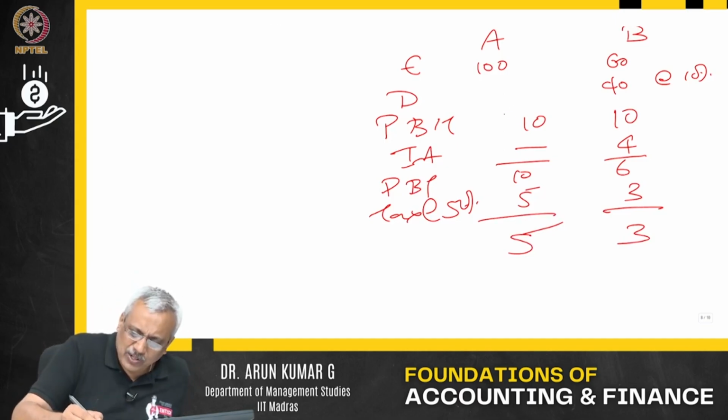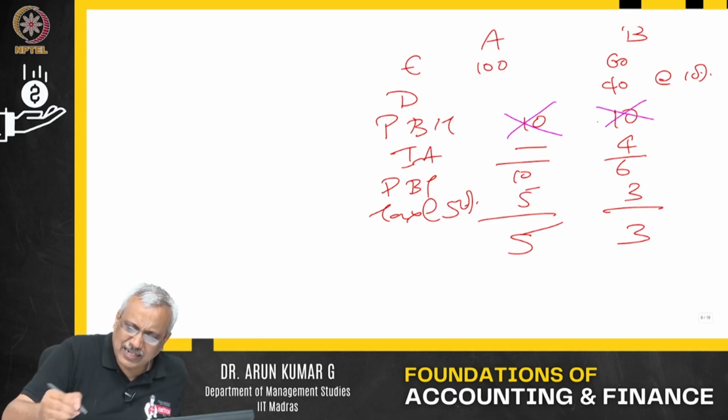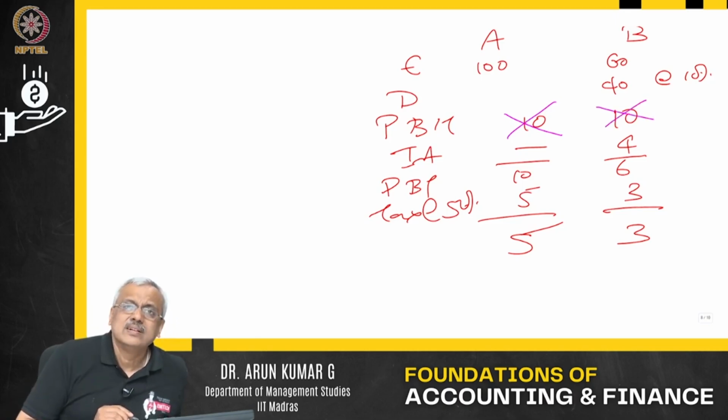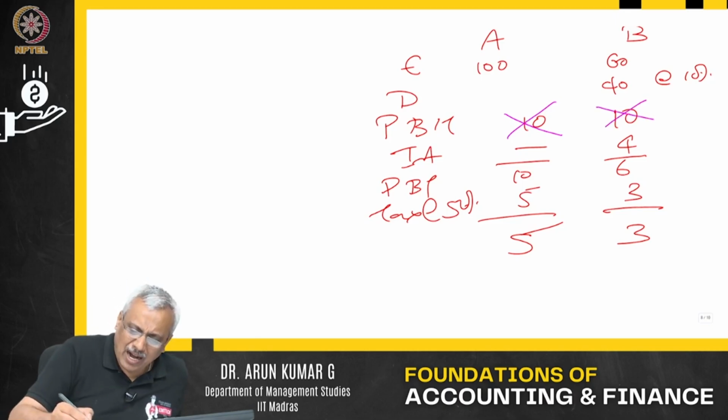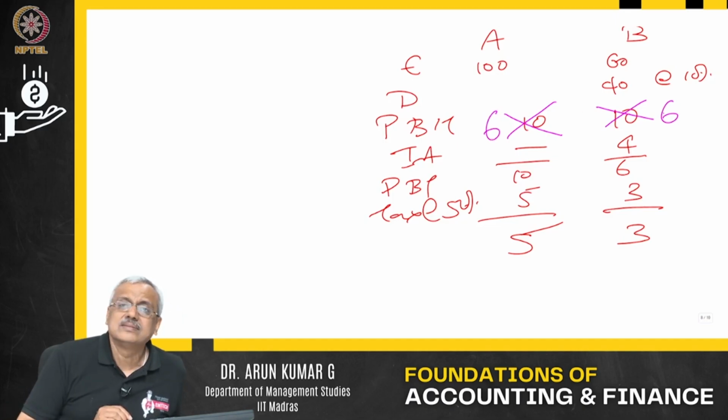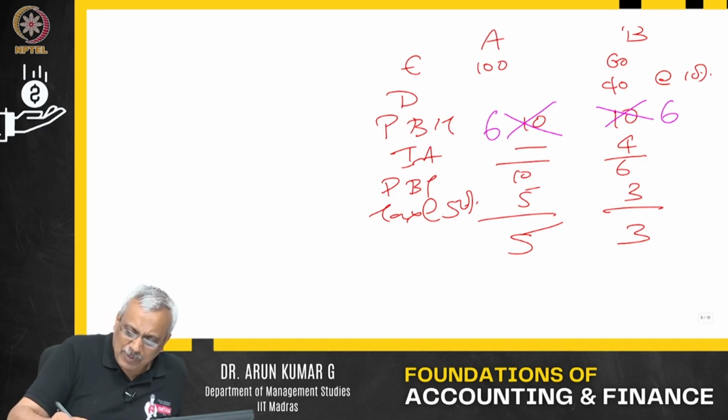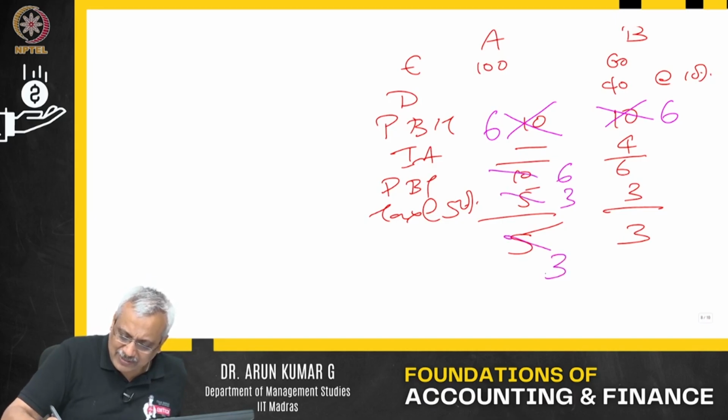Imagine it is a COVID year. You are not getting a PBT of $10 in both. You are getting a PBT of only about $6 in both. Then what happens? In this case, the PAT is 3, and the return is 3% for equity holders.